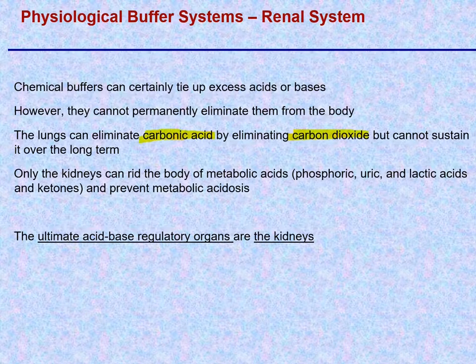Only the kidneys, only the renal system, can rid the body of metabolic acids like these, phosphoric acid, uric acid, and lactic acid, or ketones building up, by eliminating it, and in that way preventing acidosis. So the ultimate acid-base regulatory organs are in fact the kidneys.